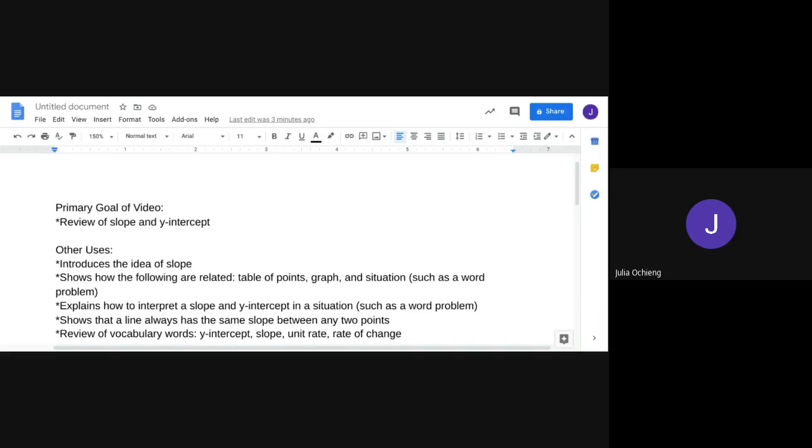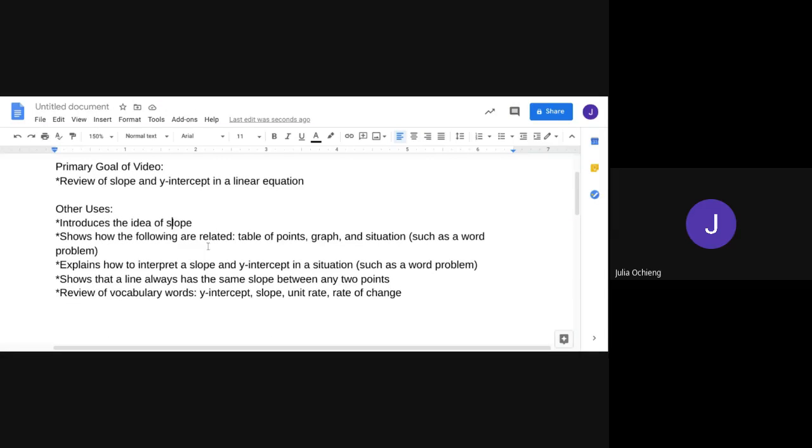So the primary goal of this video is to review the idea of a slope and y-intercept in a linear equation. The other uses include introducing the idea of slope, showing how things are related, such as the table of points, a graph of a line, and a situation.